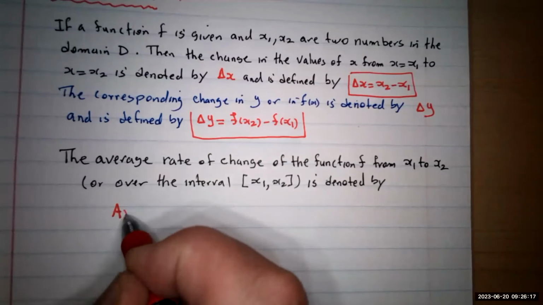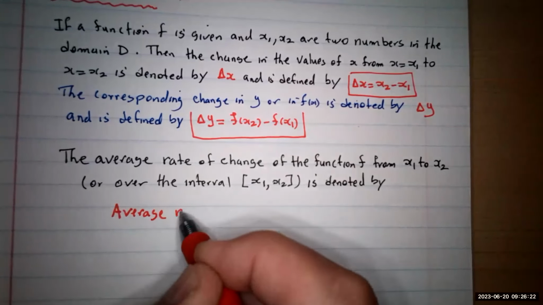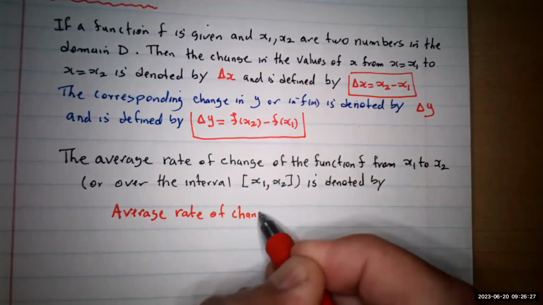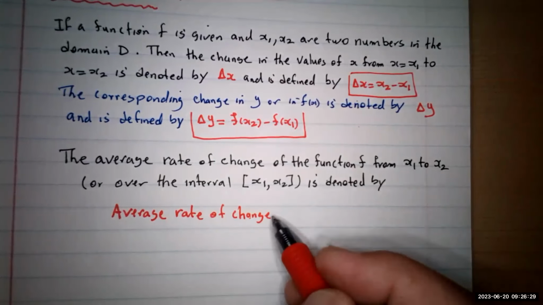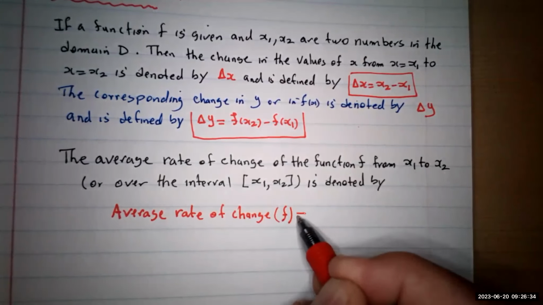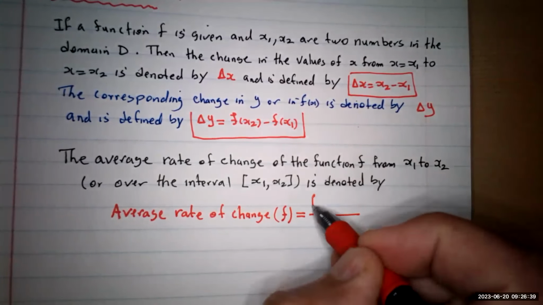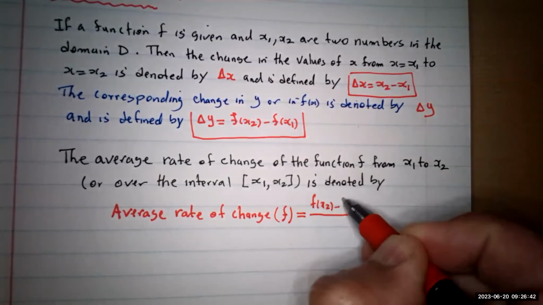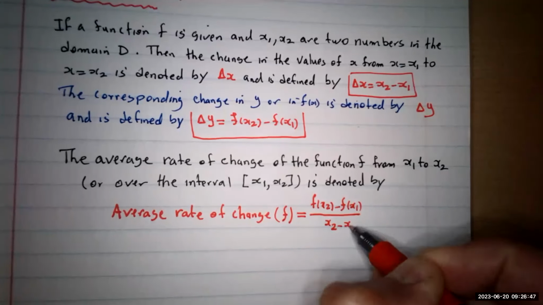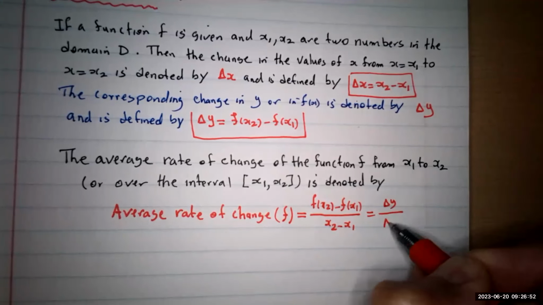So average rate of change of f. Okay, the average rate of change of the function f is going to be equal to f of x2 minus f of x1, change in y if you like, divided by x2 minus x1, which is simply change in y over change in x.